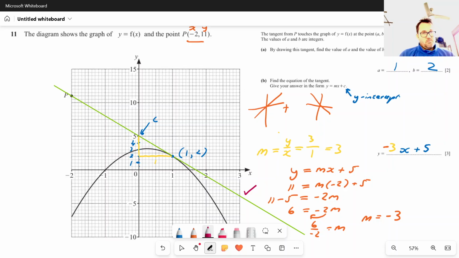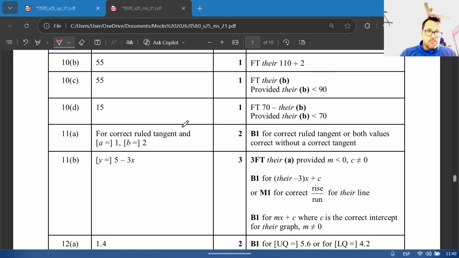So 1, 2, you have to be exact. The tangent has to be very accurate. Okay, they give no leniency there. Okay, and then second one, 5 minus 3x. Oh, you can have it the other way around. Of course, I got minus 3x plus 5. That's fine. Okay, again, follow-through mark here if you got that one wrong.